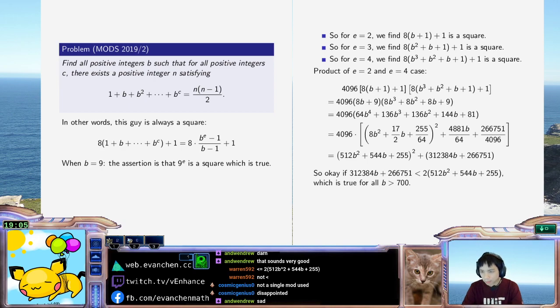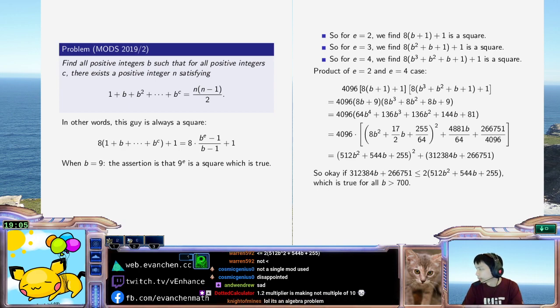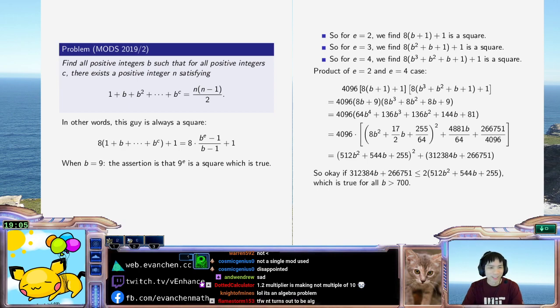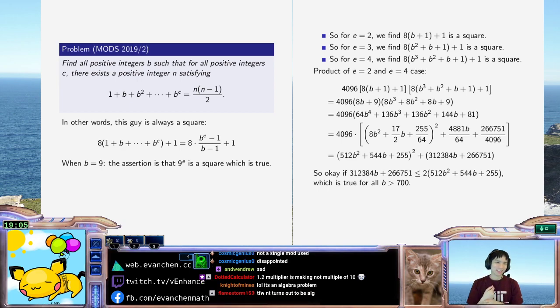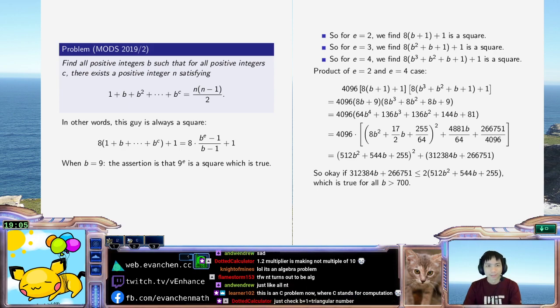Less than or equal to... Well, yeah, I wrote strict, but we can take mods now. Just like all NT.